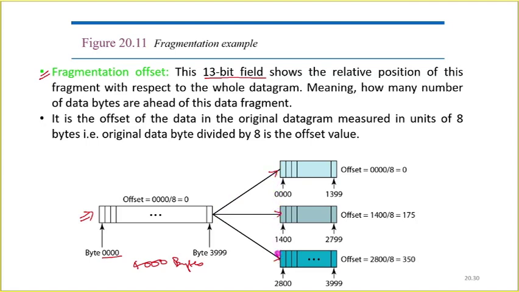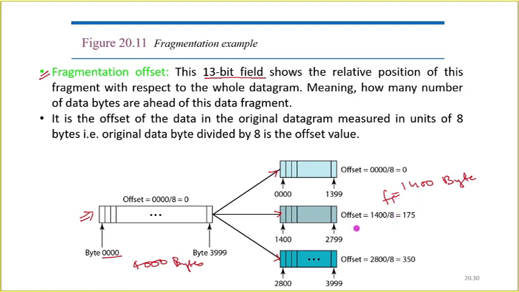In these 3 fragments, we fragment such that the size is 1400. Out of 4000, 1400 bytes go in fragment 1.